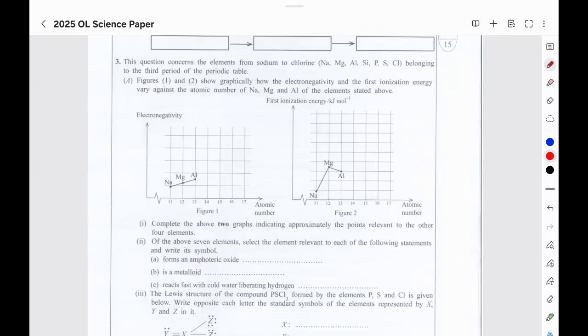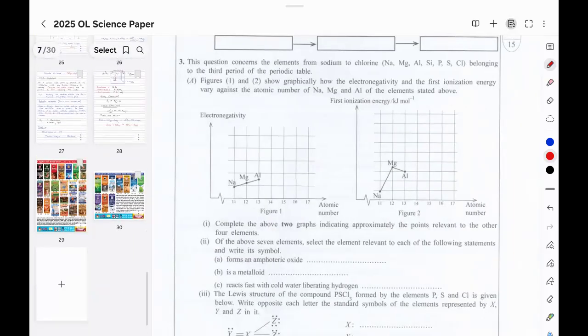Complete the above two graphs indicating approximately the points relevant to the other four elements. Okay, for the other four elements only they're asking. Now, let's discuss this ionization energy and electronegativity concepts.